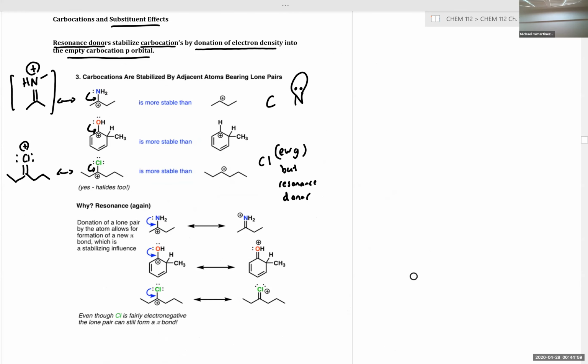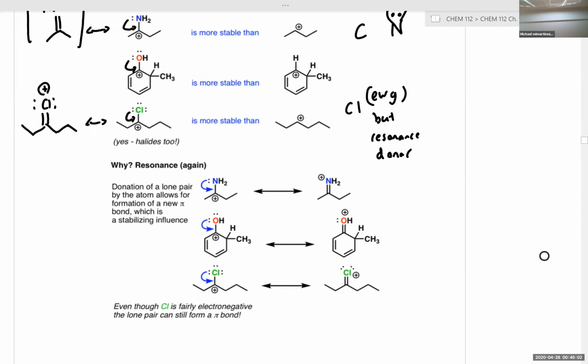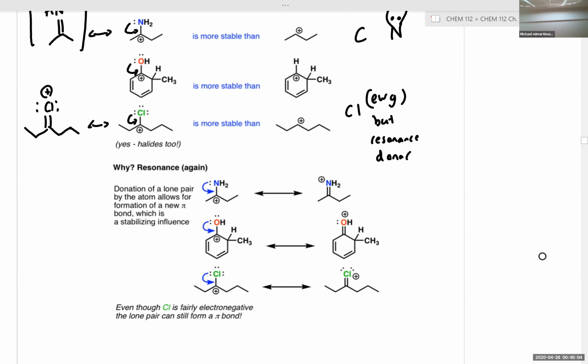So here's some examples of arrow pushing for resonance that I've drawn on the side up here and down here for your reference. And the key thing I want you to keep in mind, the resonance effects are stronger typically than inductive effects, with just a little star next to it, just in this case.